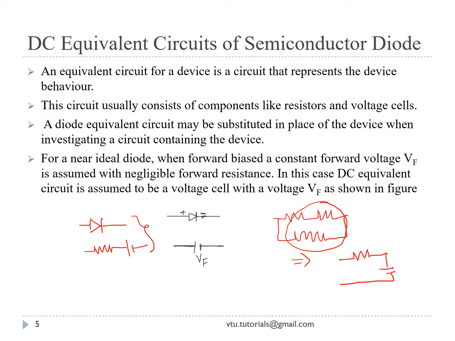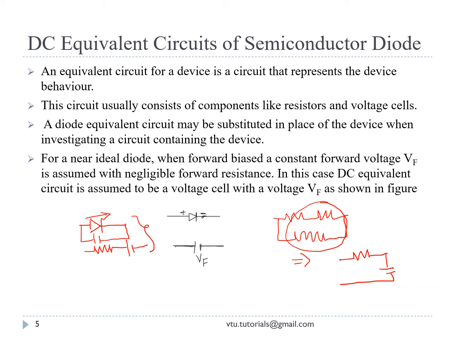Likewise, the DC equivalent circuit describes how the diode is going to respond with the application of DC voltage. A DC equivalent circuit may be substituted in place of the device when investigating a circuit containing the device.